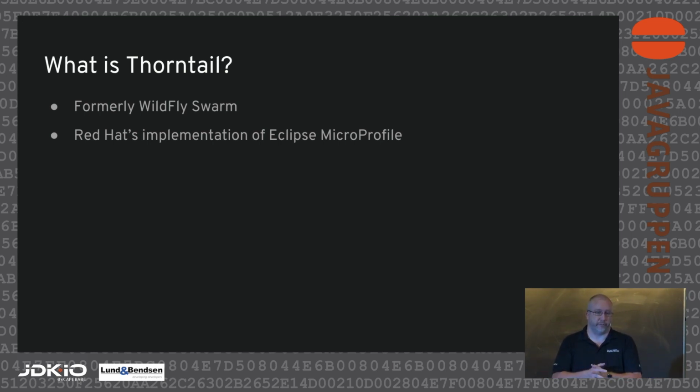So Thorntail is the implementation of Eclipse MicroProfile for Red Hat. We have all the specifications implemented in Thorntail. One thing we're in the process of doing now is shifting those implementations into the new project I mentioned earlier, SmallRye.